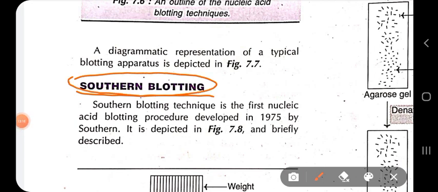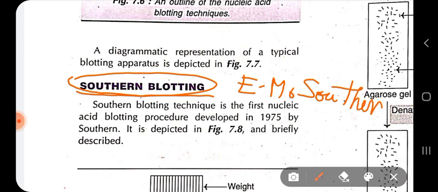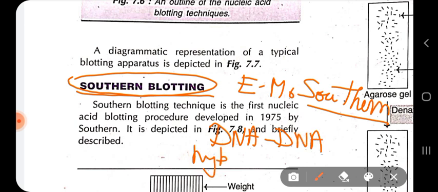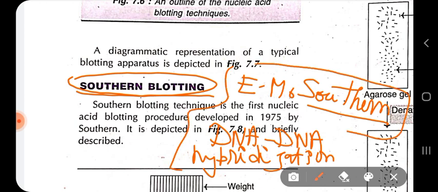This southern blotting was invented by a famous scientist known as E.M. Southern, and southern blotting is based on DNA hybridization. That forms the main base of this blotting technique.